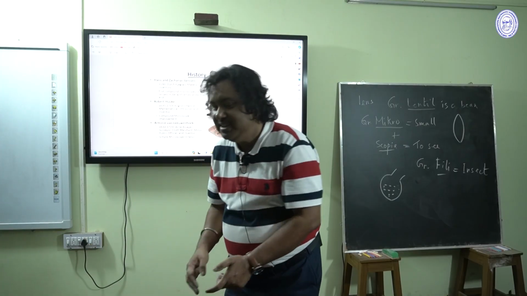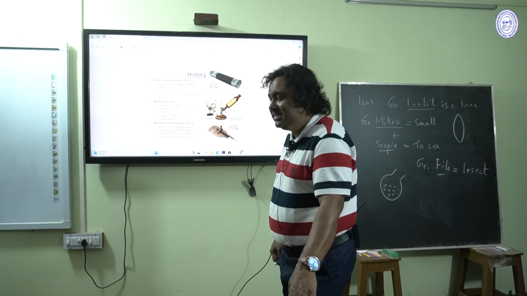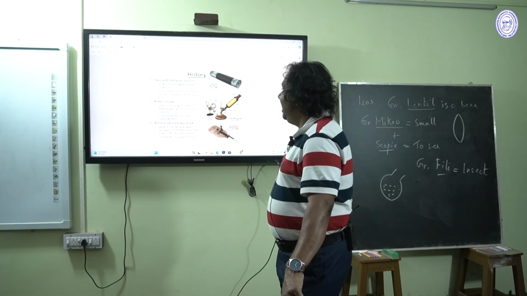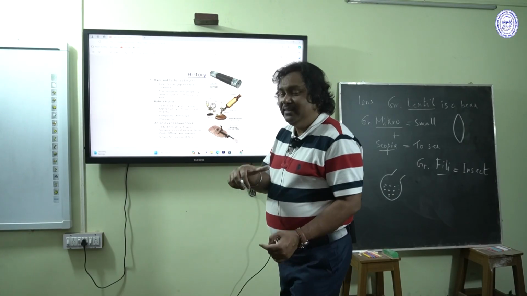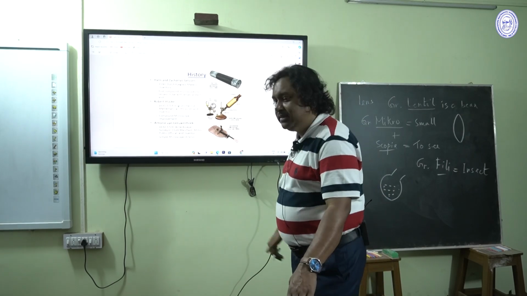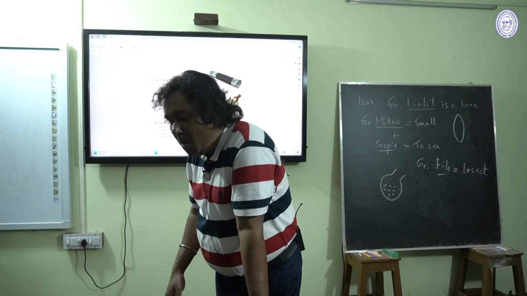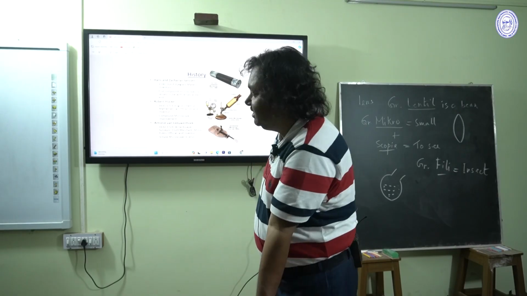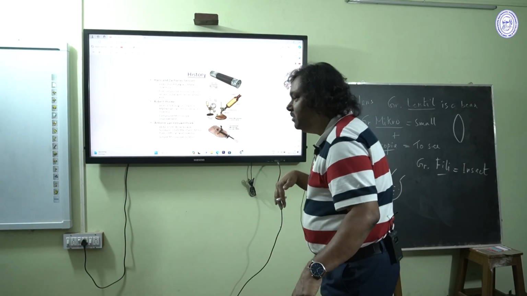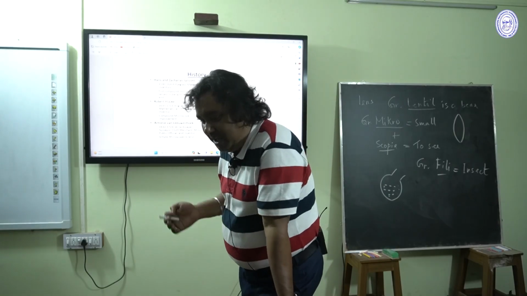Another bit of history. The first microscope was manufactured by Hans and Zacharias Janssen in 1590. They were Dutch eyeglass makers, and the first compound microscope was made by them. Then Robert Hooke, he is famous for his microscope, and he introduced the term cell from the word cella.